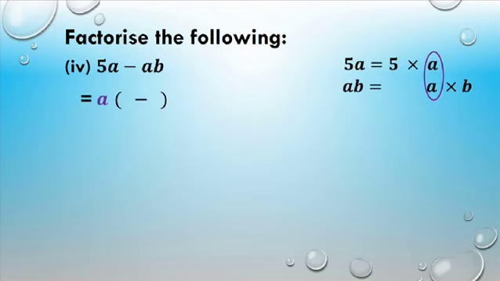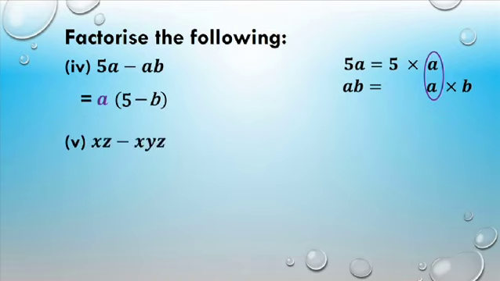Now be careful, you have a minus, so that's why I have already put the minus. For the first term, 5 is left. So here is 5. For the second term, b is left. So you have b. In other words, 5a minus ab can be factorized as a into 5 minus b.